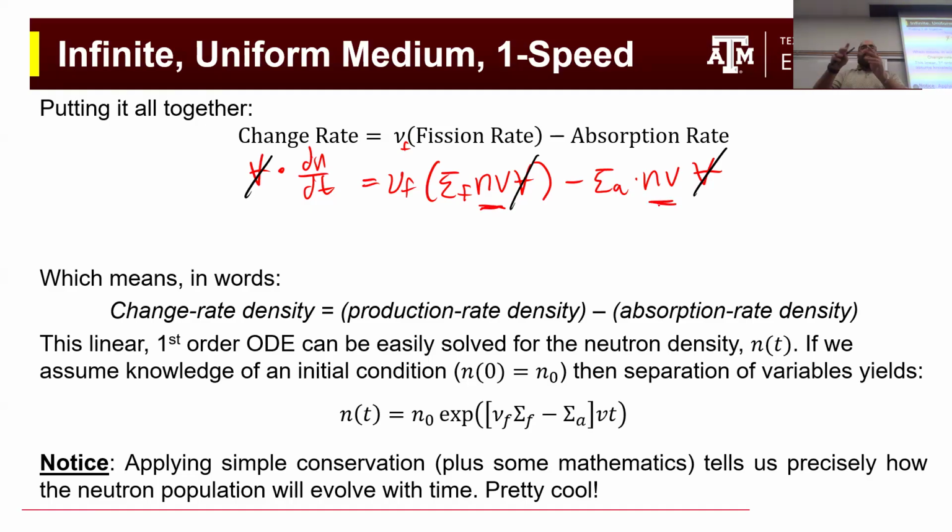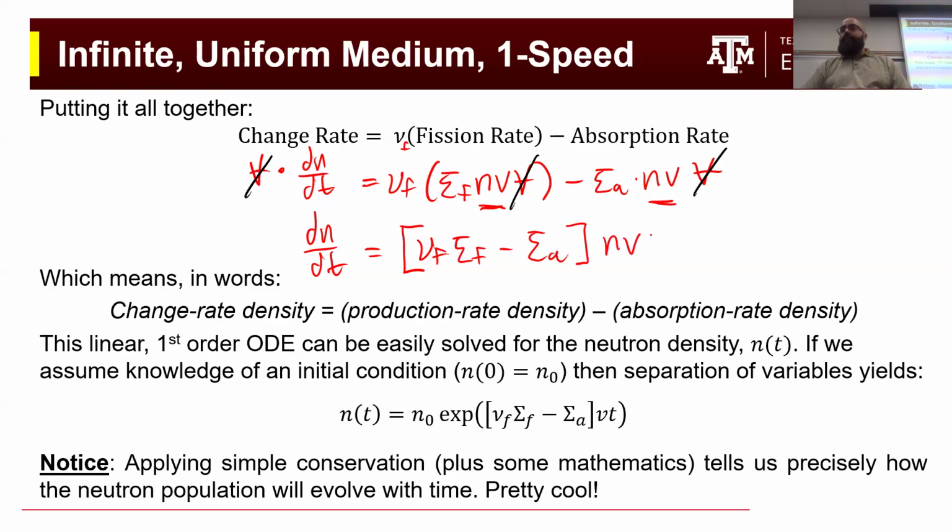So we could factor the NV out. And that means that on the left, we have dn/dt, and then if we factor the NV out, what we're going to have left is nu F times sigma F minus sigma A, and then all of that is times little n and little v.